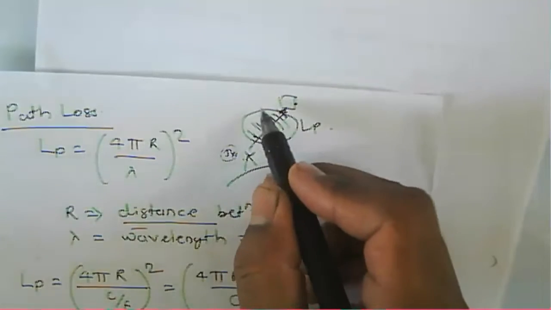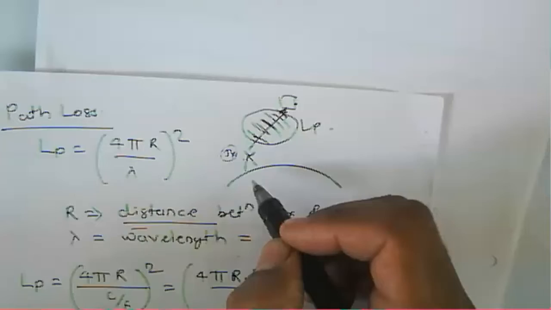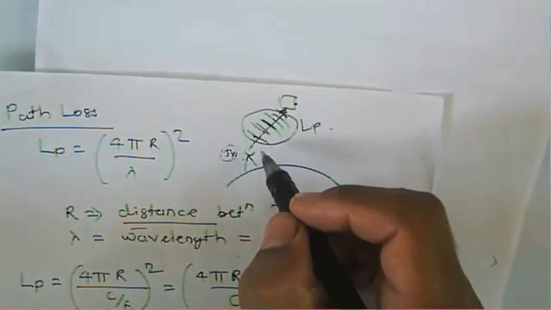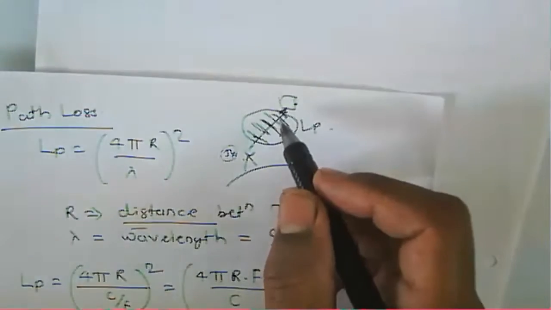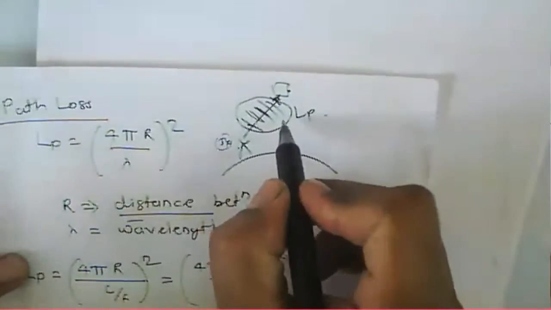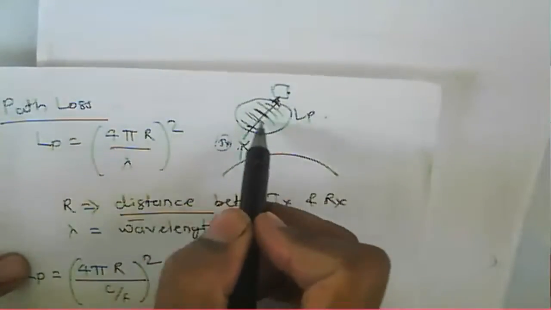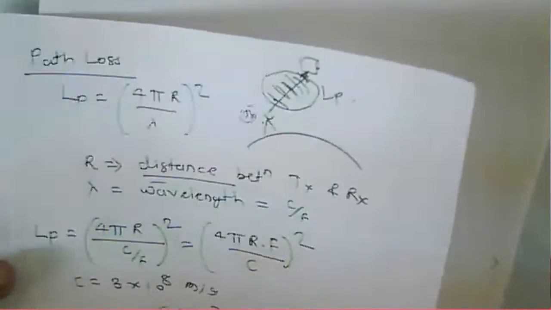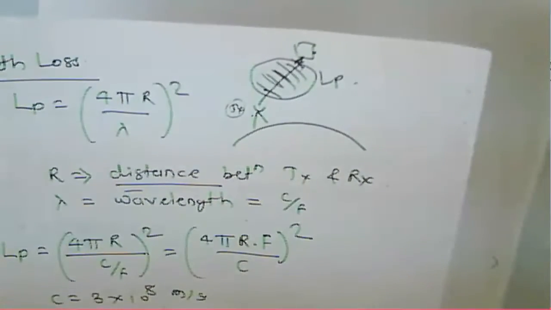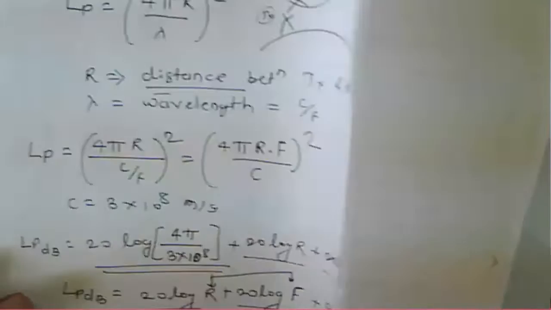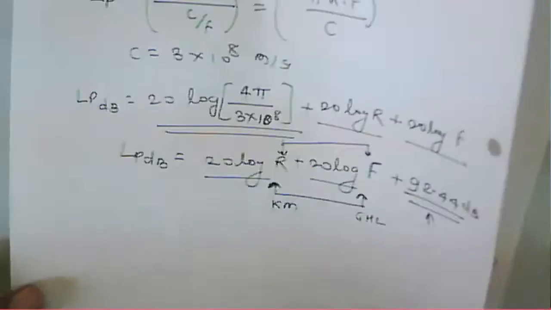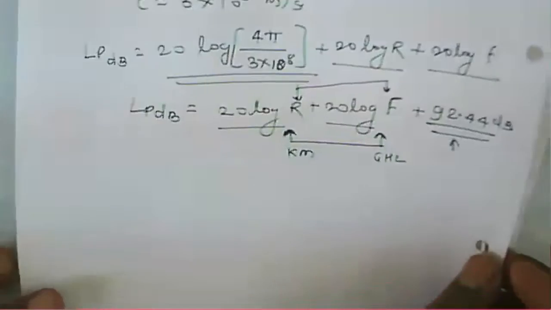So that is nothing but the free space loss. And that path loss depends upon the distance, and it is nothing but the attenuation that takes place inside this particular free space region. Or we can say that it is the loss in a particular free space medium. That is nothing but the path loss.